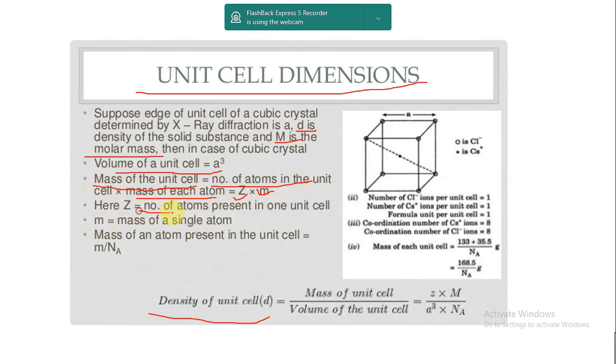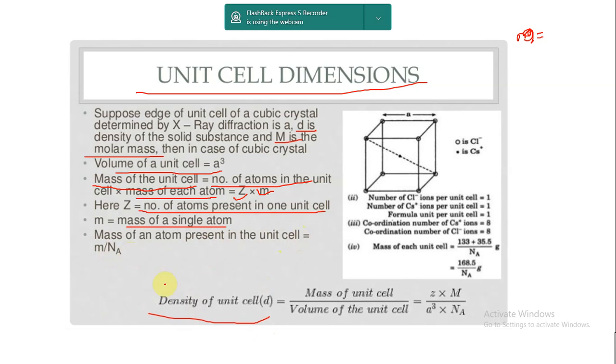Here Z is the number of atoms present in one unit cell and small m is the mass of a single atom. The mass of an atom is M upon Avogadro number, which you must know from the mole concept.